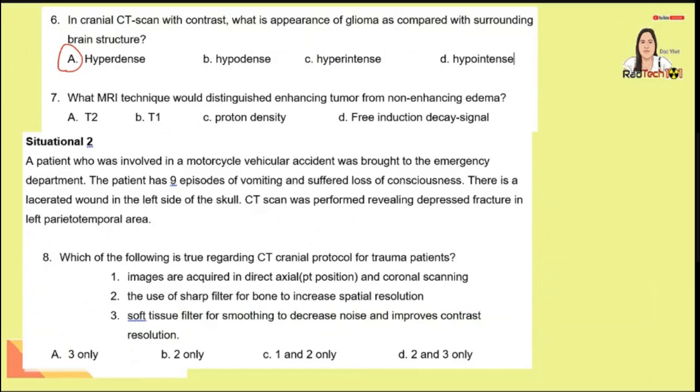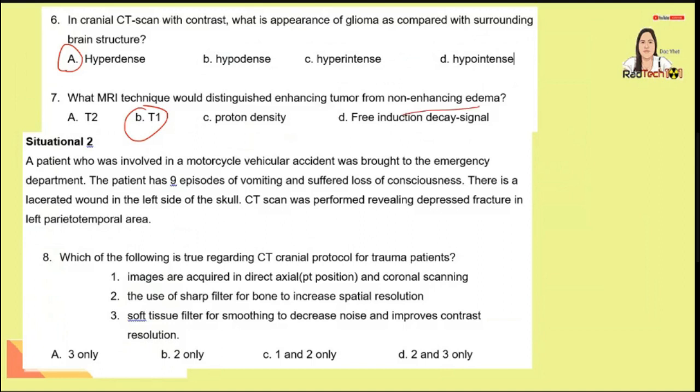Pag MRI, isointense, hyperintense, hypointense. Okay, number 7. What MRI would distinguish enhancing tumor from non-enhancing edema? Okay, T1.